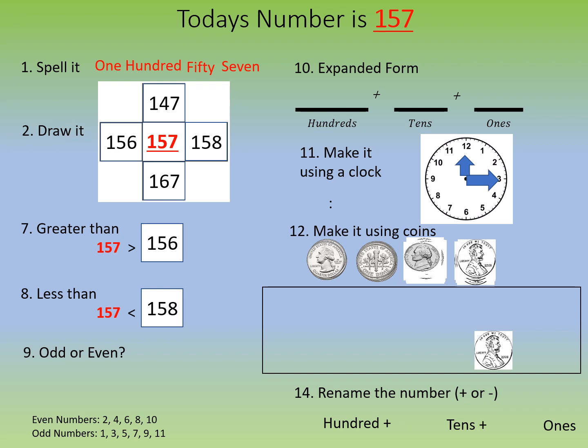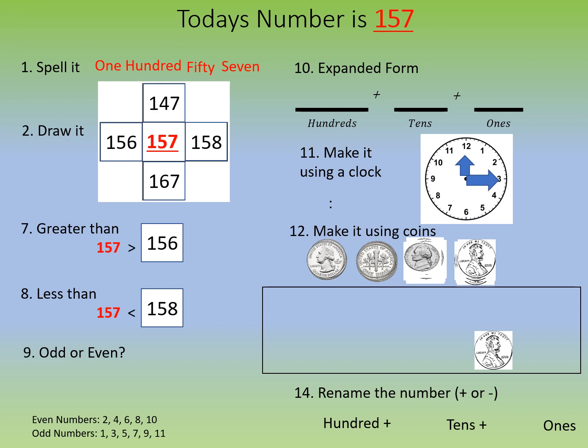Odd numbers are 1, 3, 5, 7, 9, and 11. All you have to do is look at the ones column when you're looking for odd or even. The last number in a number is what you look at to determine if it's odd or even.